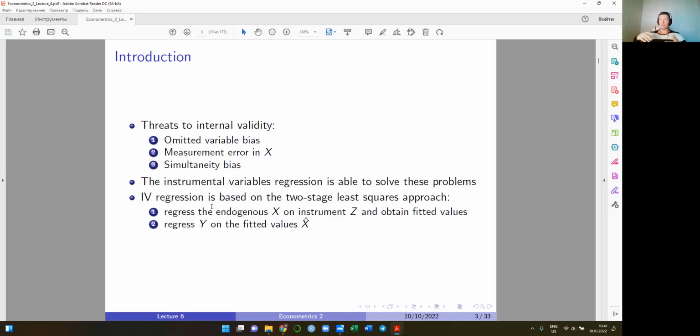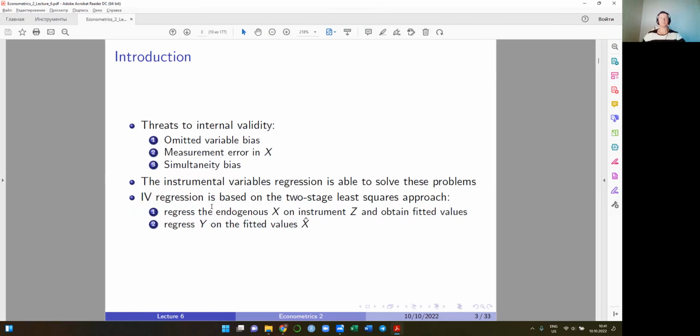And then they used this birthday as an instrument because, well, birthday is more or less random, right? So you cannot control birthday. But birthday influences how long you are going to study, according to when you start and when you finish. So some people will finish school in 18 years, and some people of the same age will finish almost in 19 years.